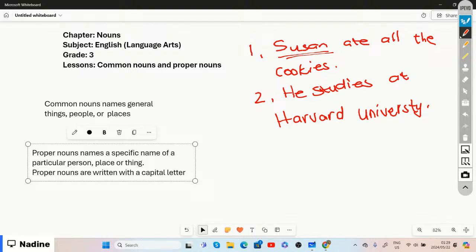So the second one is he studies at Harvard University. What is the noun within that sentence?